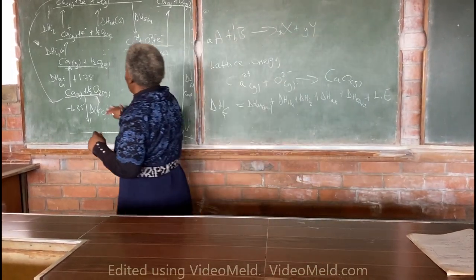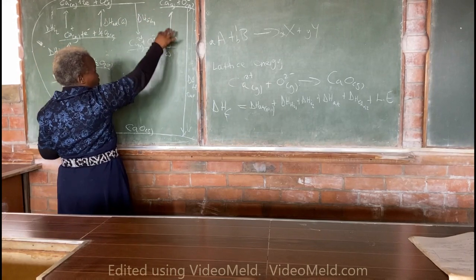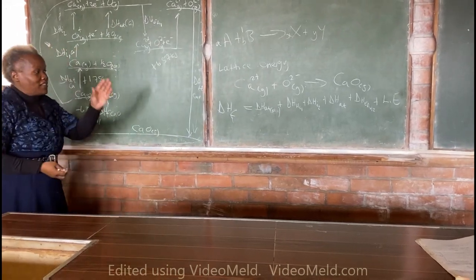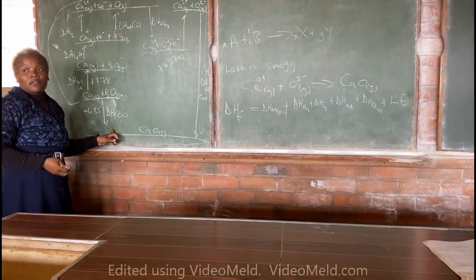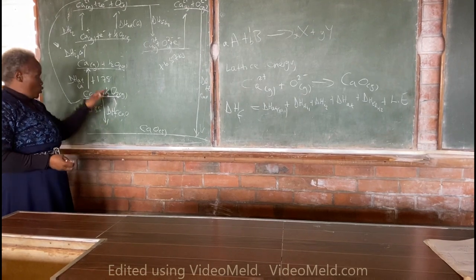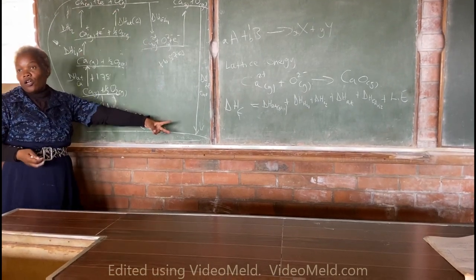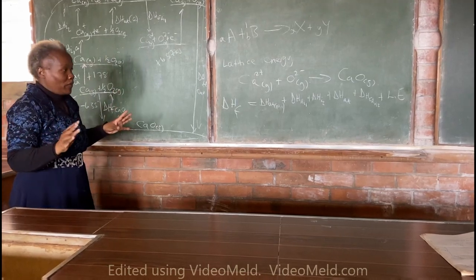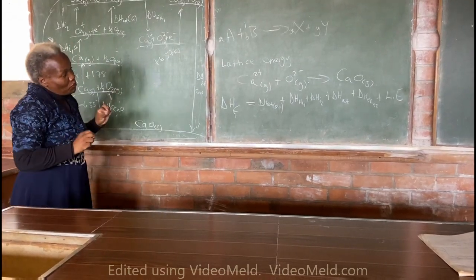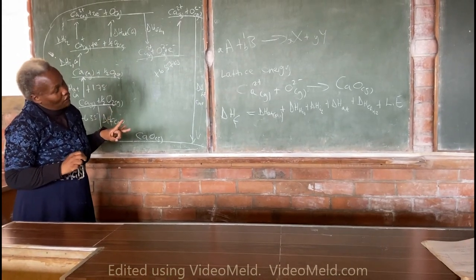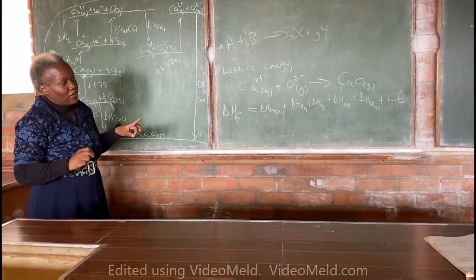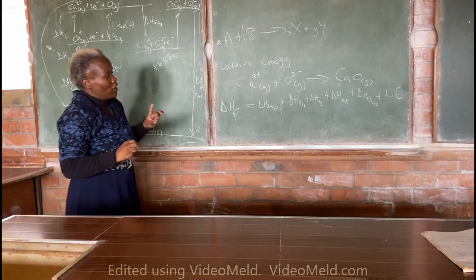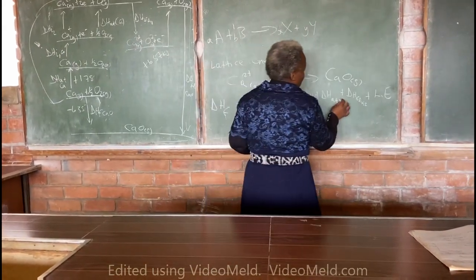When we take all these processes, the energy change involved should be the same as delta H formation. This is going one way, that is the other. So the total energy change should remain the same. So in our computation, we don't have the first ionization energy, the second ionization energy, and we don't have delta H atomization of oxygen.